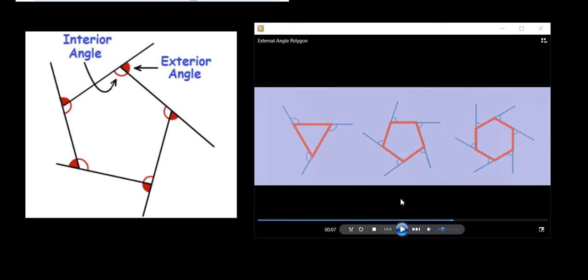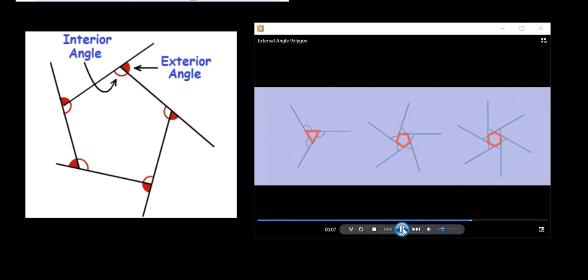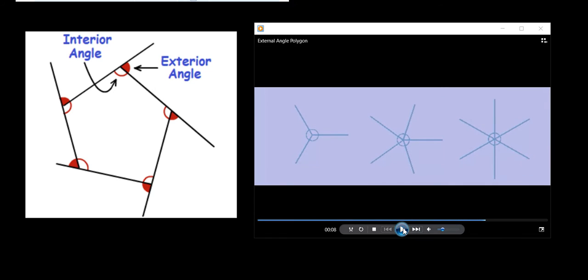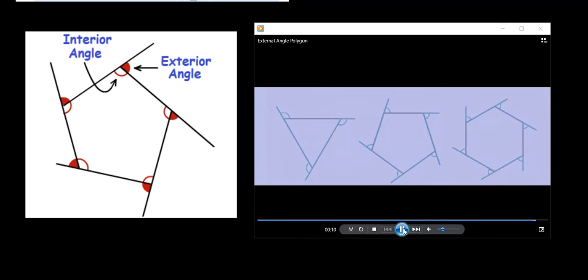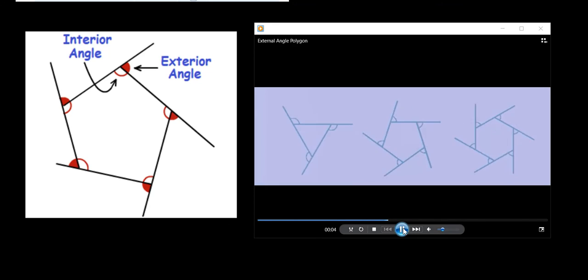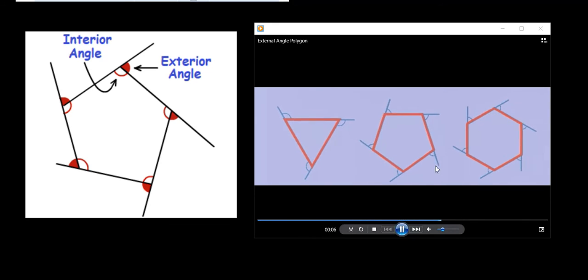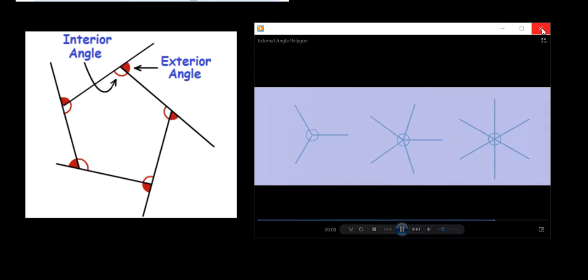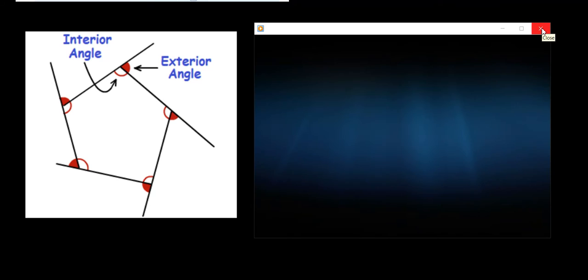If we shrink the external angles down, we eventually arrive at a point. So this is a visual proof that exterior angles always sum to 360. Okay, so let's get rid of that.